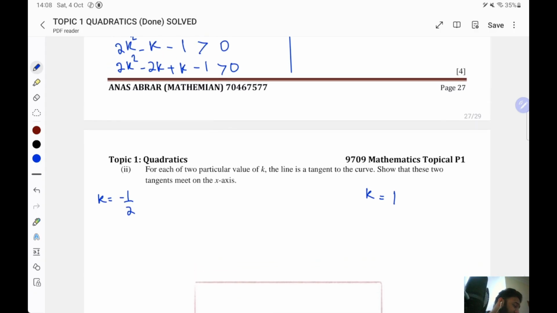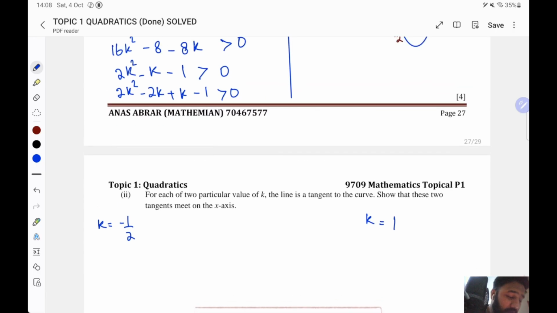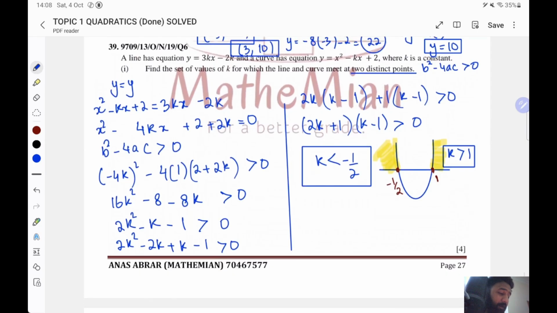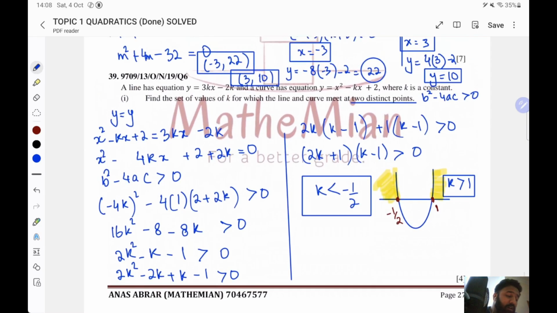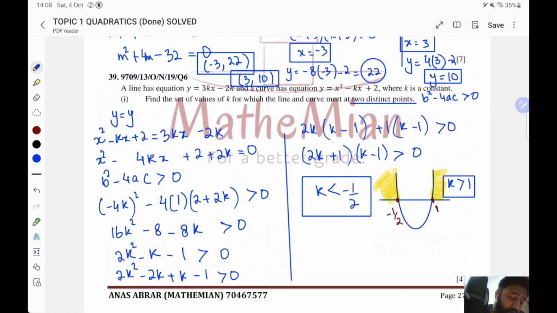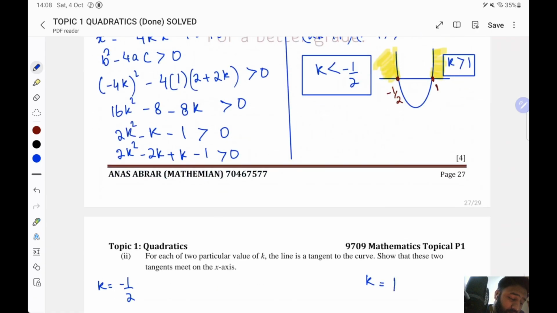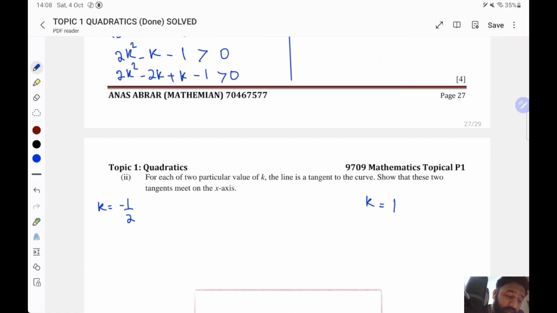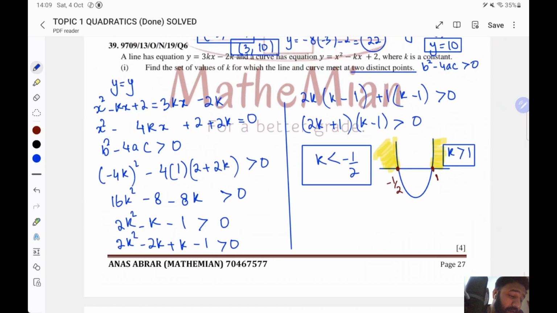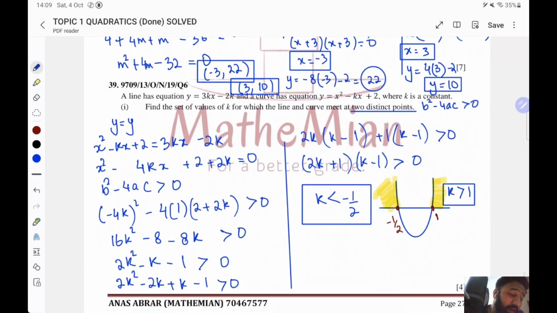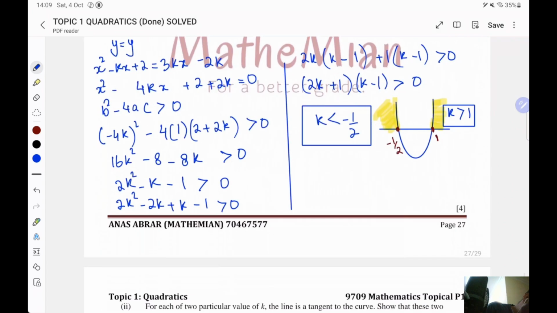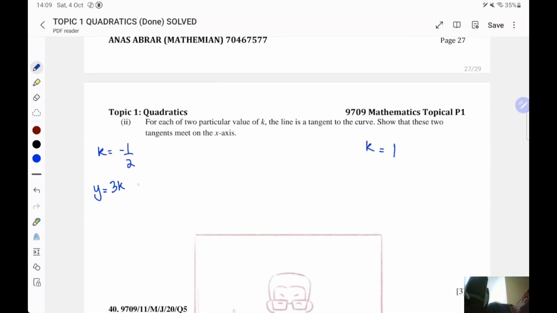For each value we have the equation over here. The line is tangent to the curve. So where is the line? The line is y equals 3kx minus 2k.